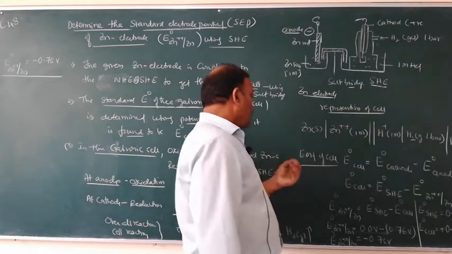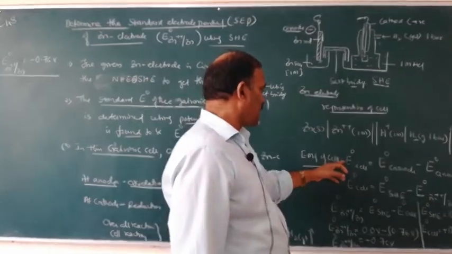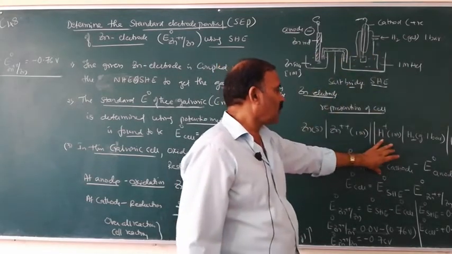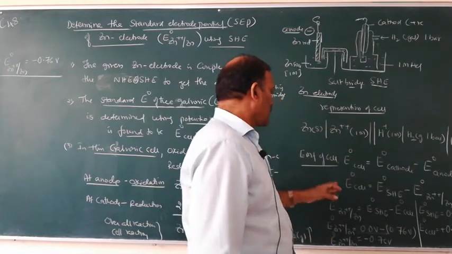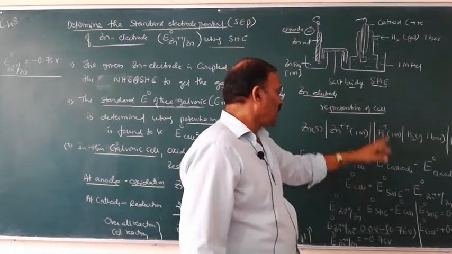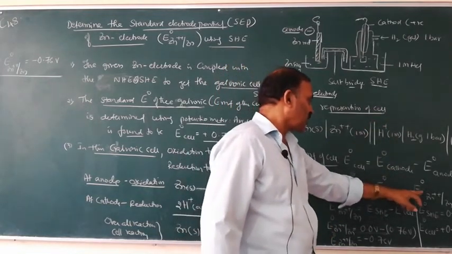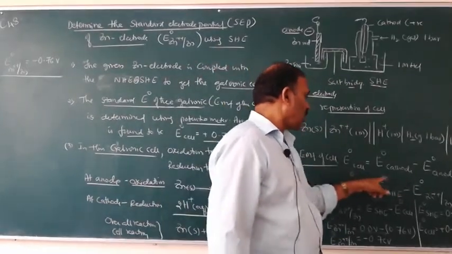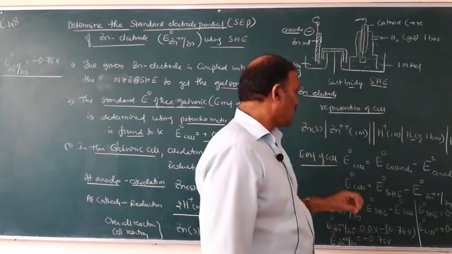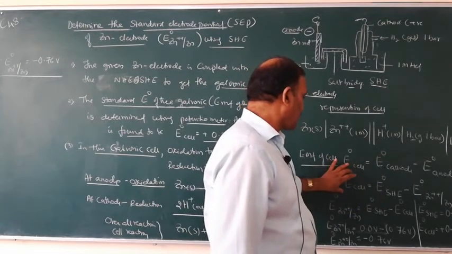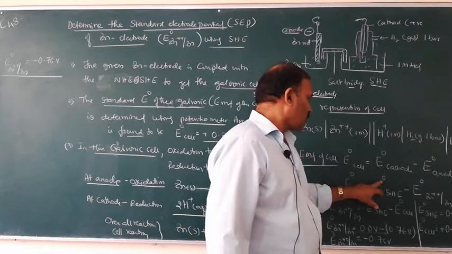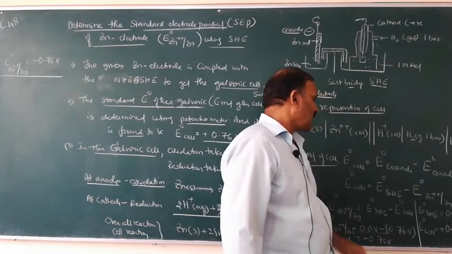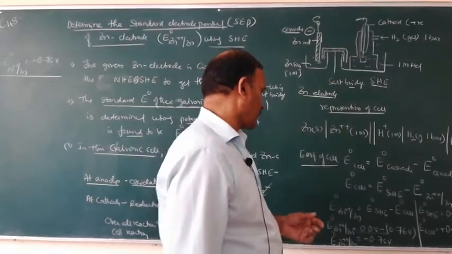We know the EMF of this cell, that is E0 cell, is equal to E cathode minus E anode by definition. So E0 cell is equal to E0 of SHE minus E0 of Zn, the zinc electrode. E0 indicates standard EMF of this cell, standard electrode potential of SHE minus standard electrode potential of the zinc electrode.